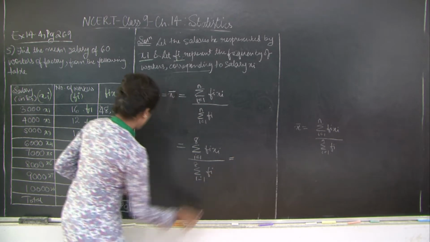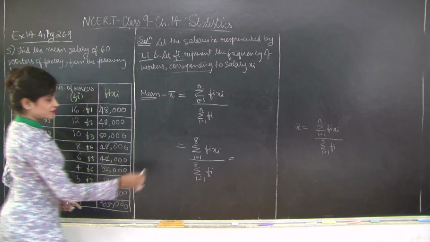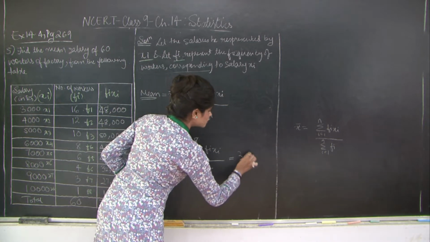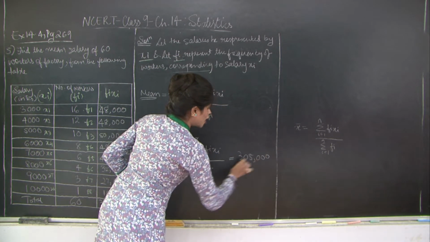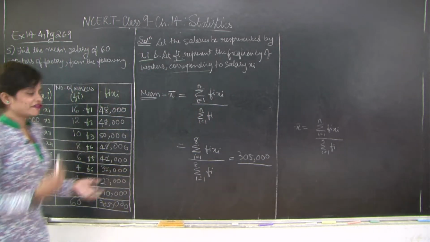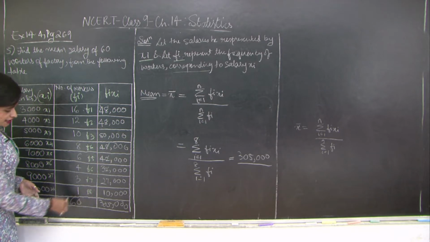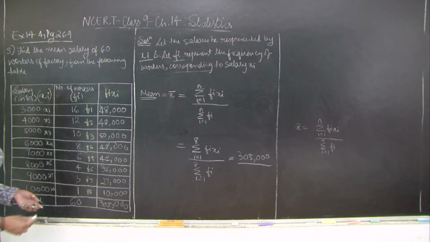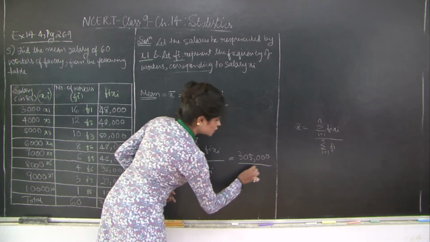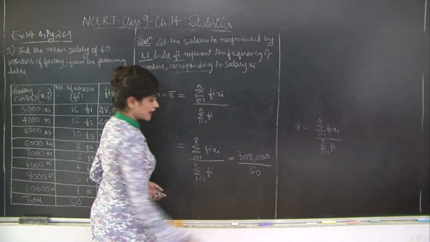So this is nothing but 305000 upon summation of fi, which is f1 plus f2 plus f3 plus f4 up to f8, which is nothing but the total number of workers that are present, which is 60. So 60. Now let's do the cancellation.